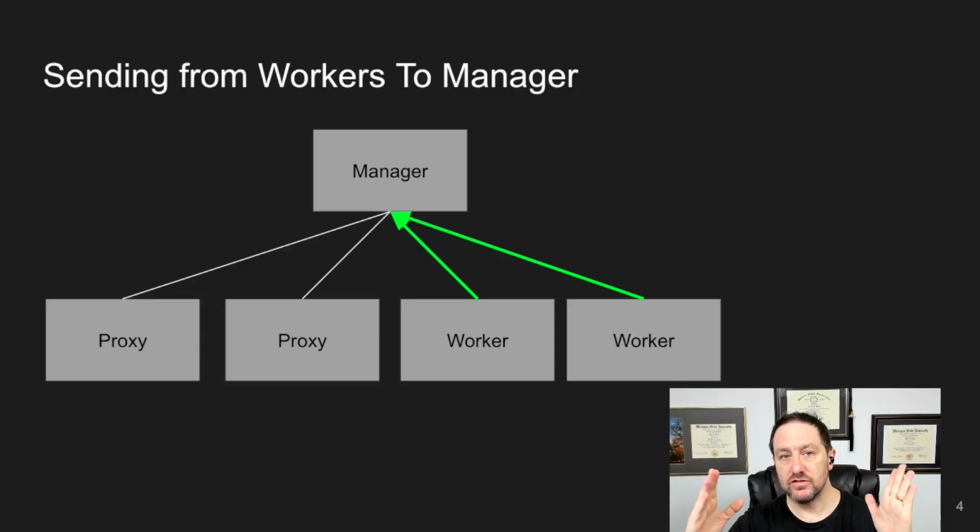You can see in this picture that workers are sending data up to the manager, and then the manager would save it in some type of container. So that's one method.